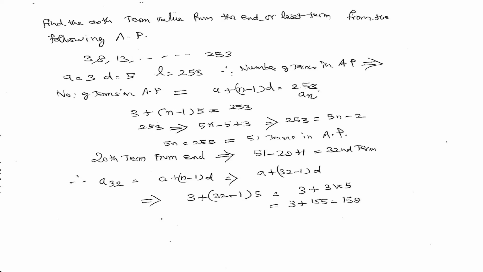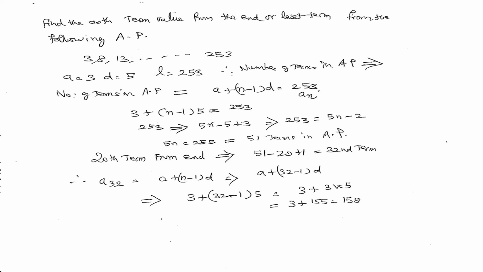Therefore, A = 3, D = 5, last term = 253. The number of terms in the AP: An = A + (n - 1)D = 253. Solving, you get 5n - 5 + 3 = 253, 5n - 2 = 253. Therefore, 5n = 255. So, n = 51. That means there are 51 terms in the arithmetic progression.